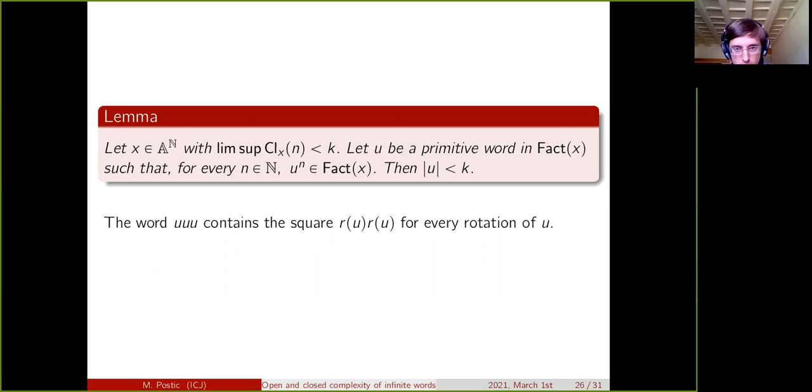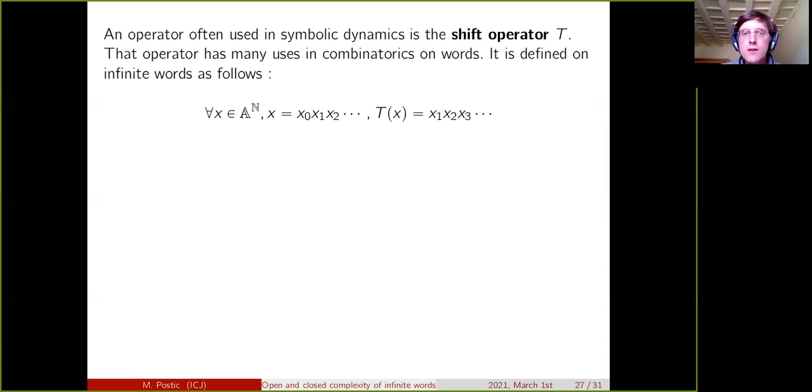Okay. So now another tool that I need is the shift orbit closure of a word. I'm just going to define it, but I think most of you already know this as well. The shift operator, I'm sure all of you know it. It's the operator where from a word x you get T of x by deleting the first letter of x.